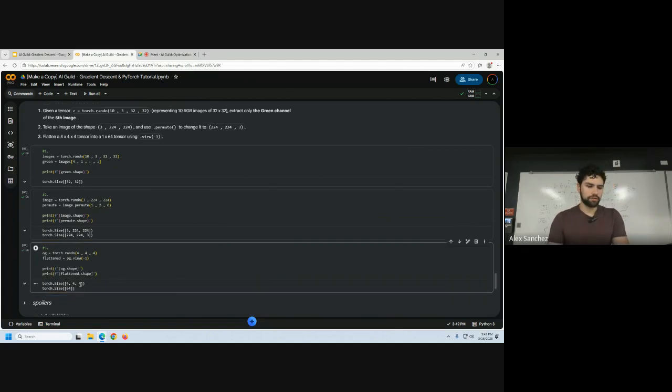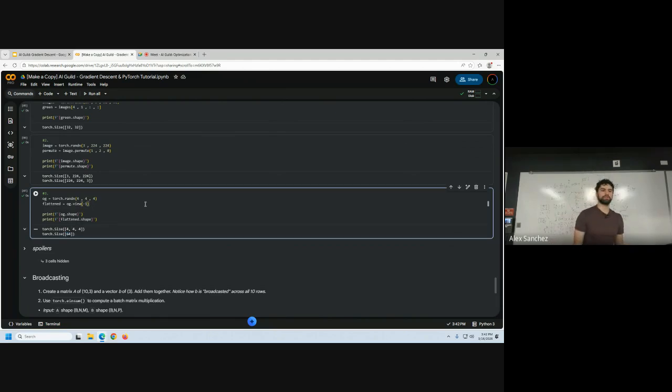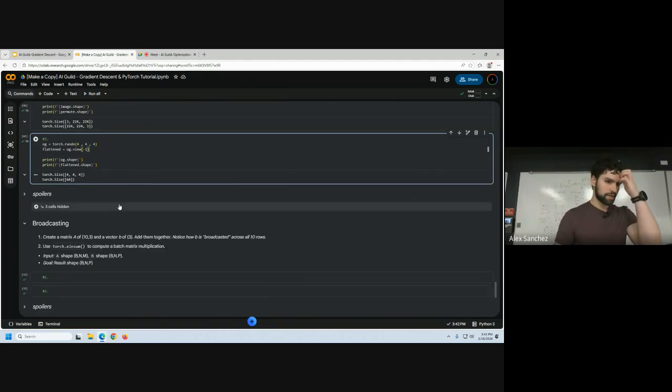You see that we flatten this 4 by 4 by 4, 4 times 4 is 16, times 4 is 64, into this. We do this a lot when we want to flatten images, let's say after some kind of convolutional layer into our feed-forward layers. And we also did this last workshop as well.